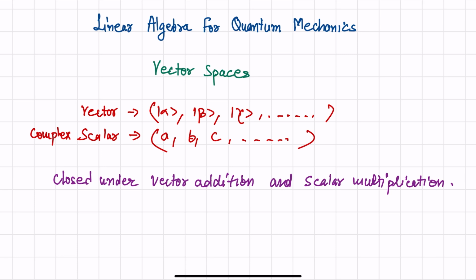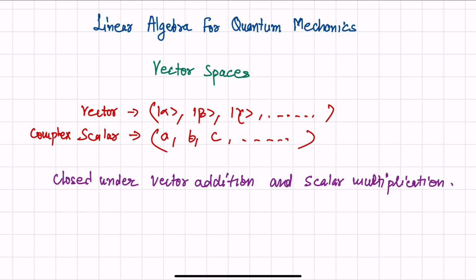By well defined, I mean that when I add two vectors, if I am in three-dimensional space, it should not take me out of my three-dimensional space. It shouldn't just throw me into four-dimensional space. And if I'm multiplying, it should not throw me out of my vector space.